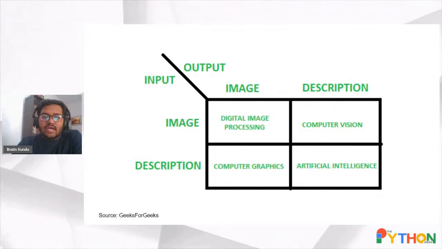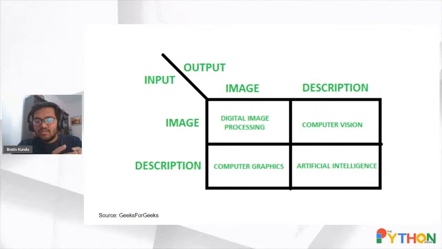Just consider that we have the input on the left-hand side, and on the top we have mentioned the output, right? Going block by block, if your input is an image and your output is also an image, then it is considered digital image processing. If you have an input that is an image and you get a desired output in the format of an image again, that is digital image processing.